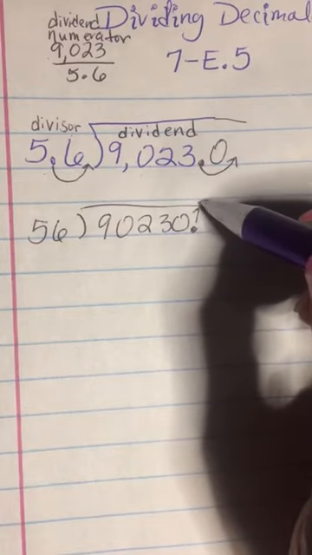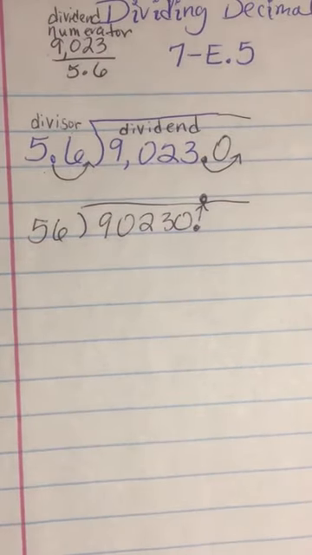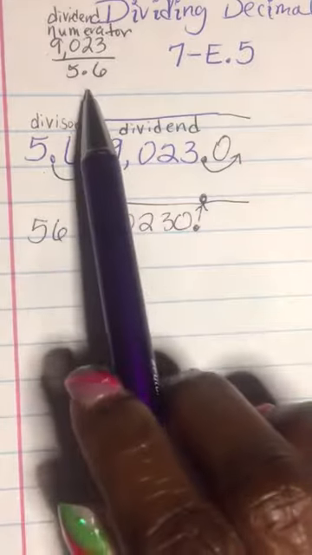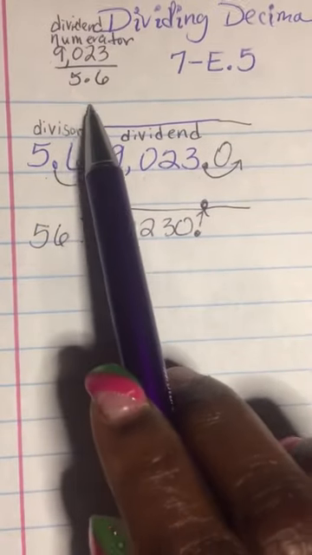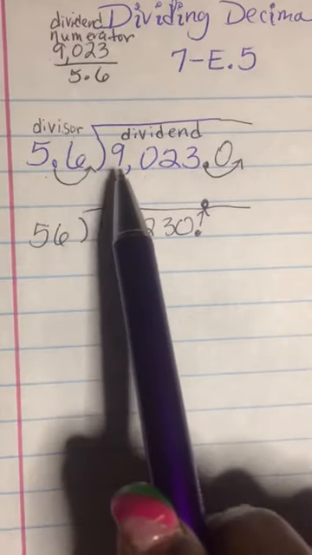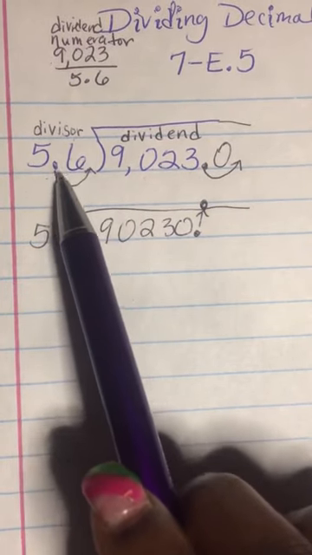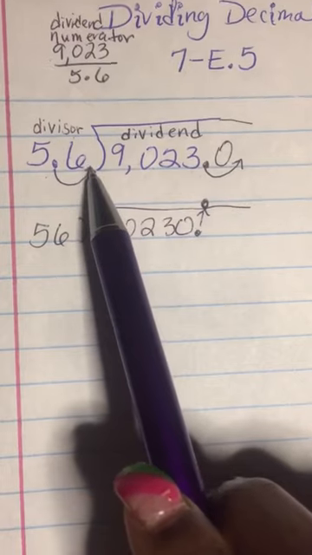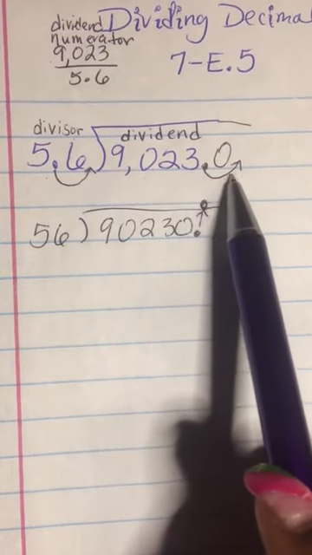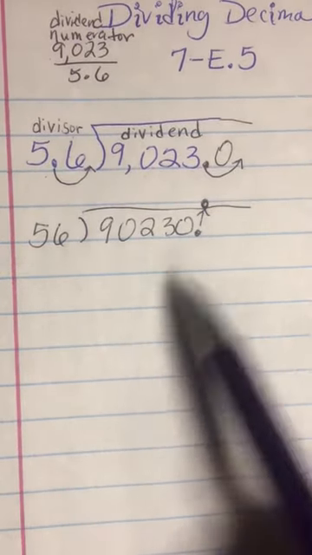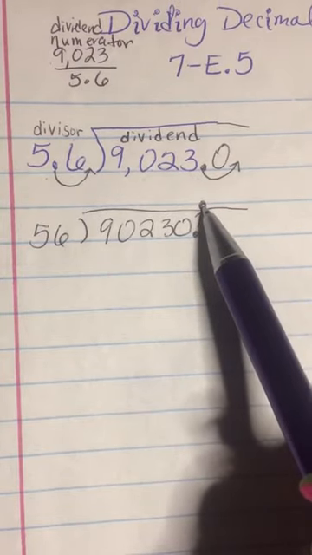And draw your decimal straight up. That's the third step. So the first thing to recognize is that long division is the same as a fraction. Second, the divisor cannot have a decimal in it, so you have to move it to the end here. Whatever you move here, you also have to move the inside one space. Bring your decimal straight up.